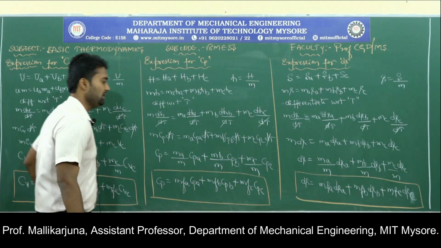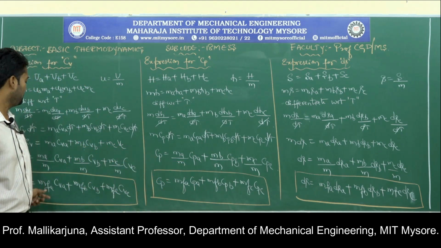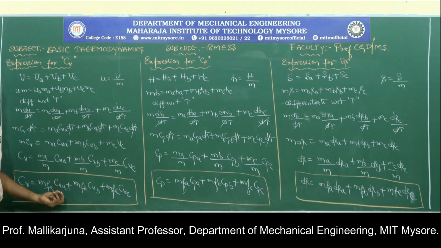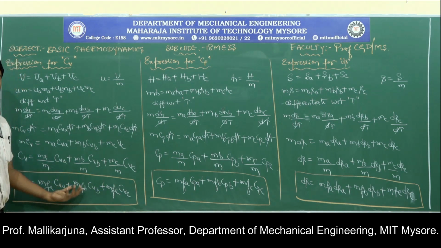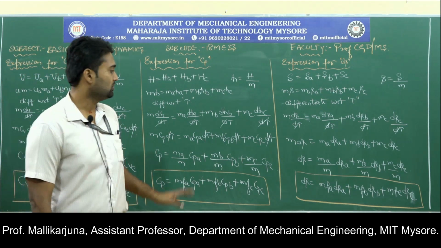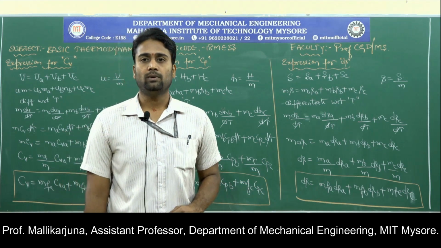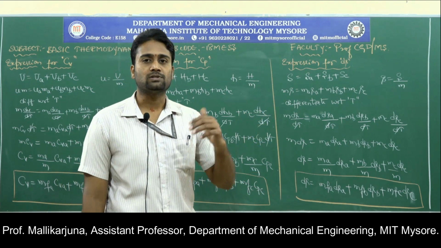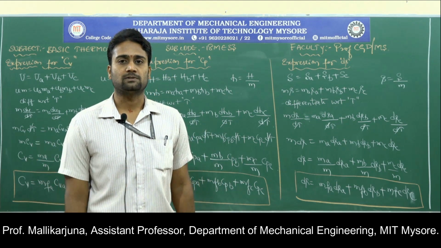If you look at all three equations, they look very similar to one another, wherein the summation of mass fraction and the corresponding property of the constituent gas is present. Please observe all three equations, they have the same form. So these are the few expressions that I will make use of while solving problems in order to find various properties of the mixture as well as various properties of the constituent gases.